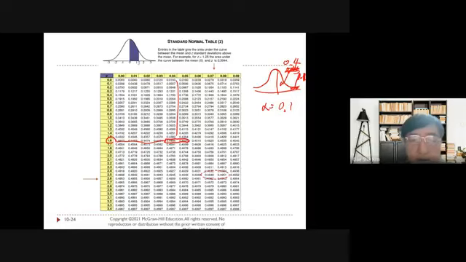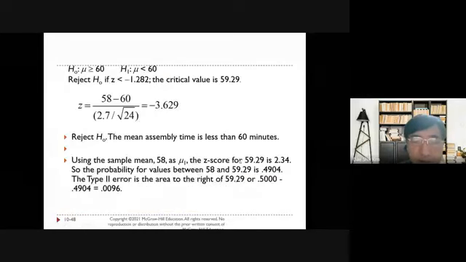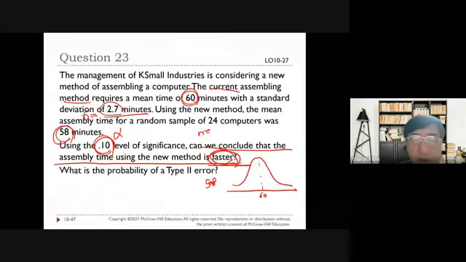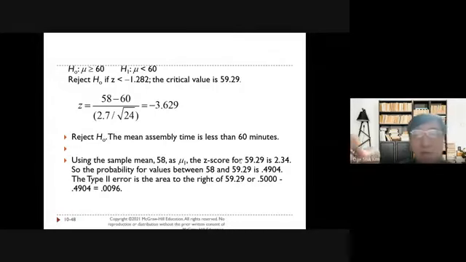Where is 0.4? Between 8 and 9, 1.28 something. We calculated 1.282.